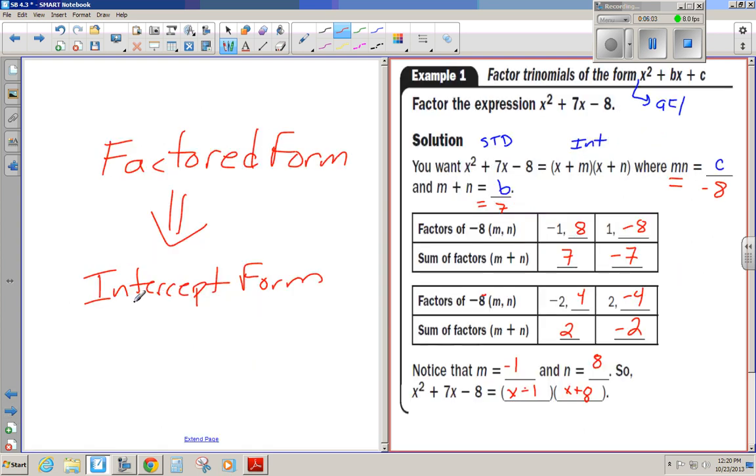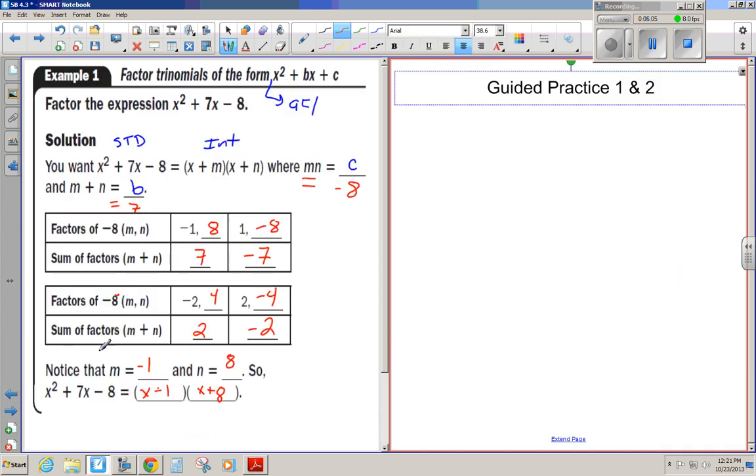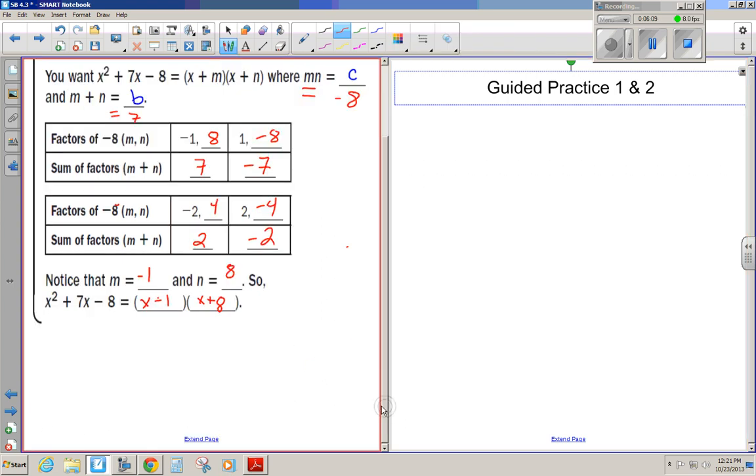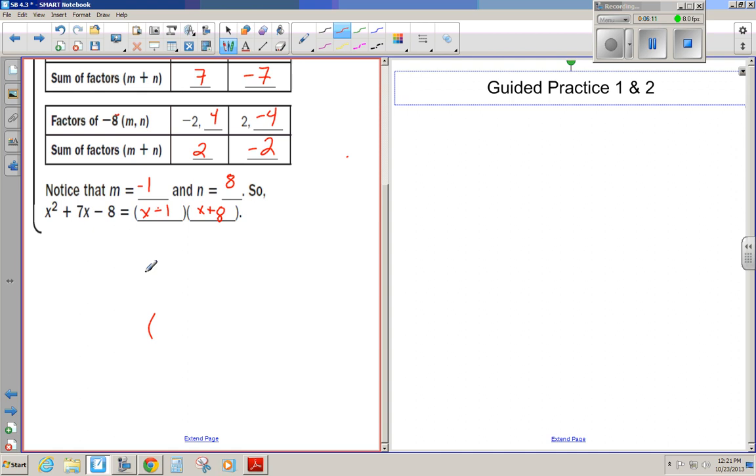All right, so make sure you have that part down somewhere in your notes. Right, but when we're here, let's FOIL again to see if what our answer was makes sense. So you've got x minus 1, x plus 8. You're going to do the first, x times x. You're going to do the outside.